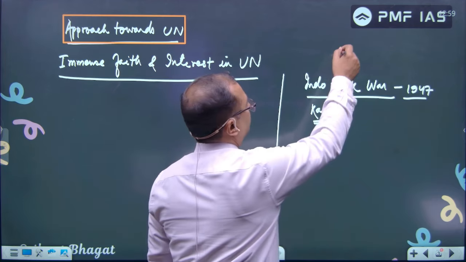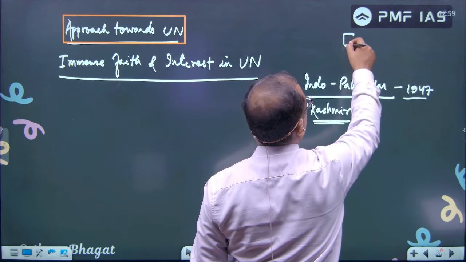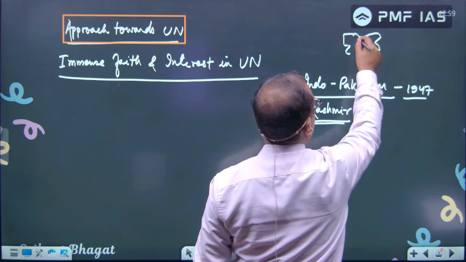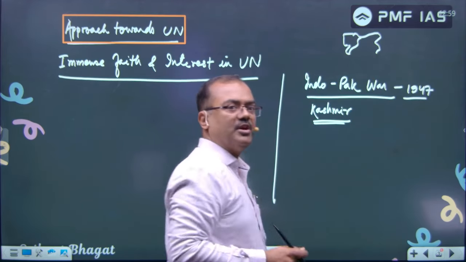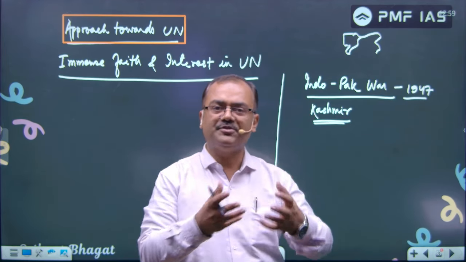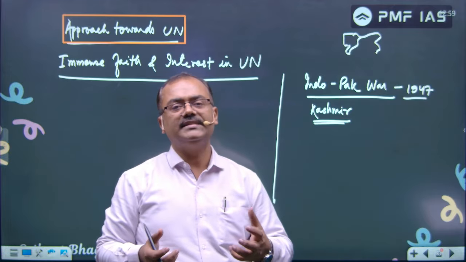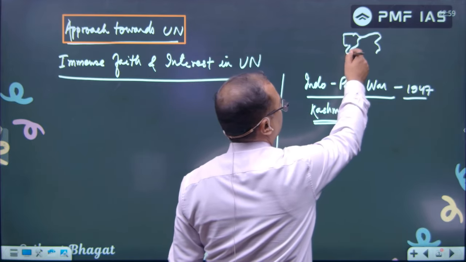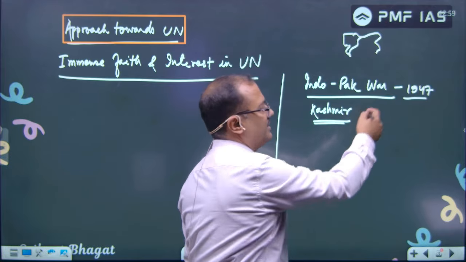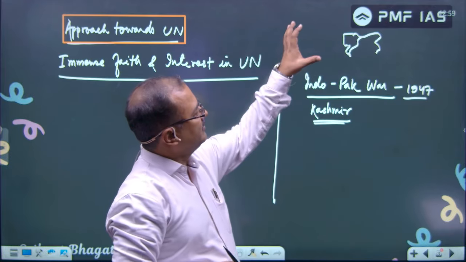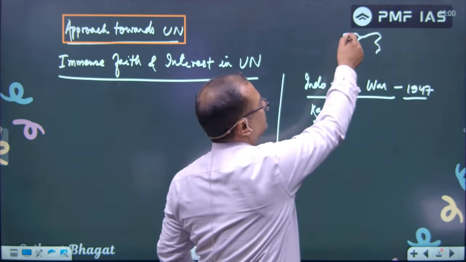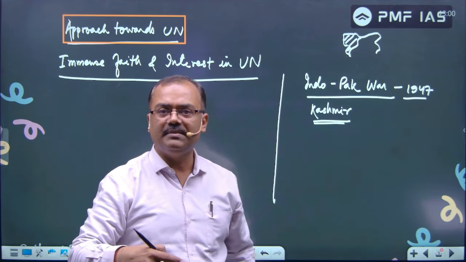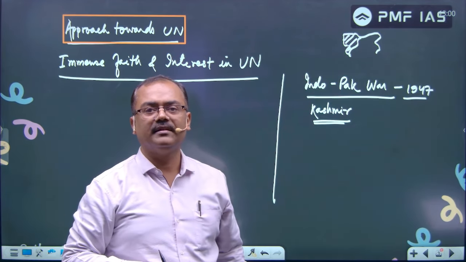But this part of Kashmir was occupied, captured by the Kabilis and the Pakistani army. War with India started in 47. A significant part was captured by the Pakistani army with the help of Kabilis.